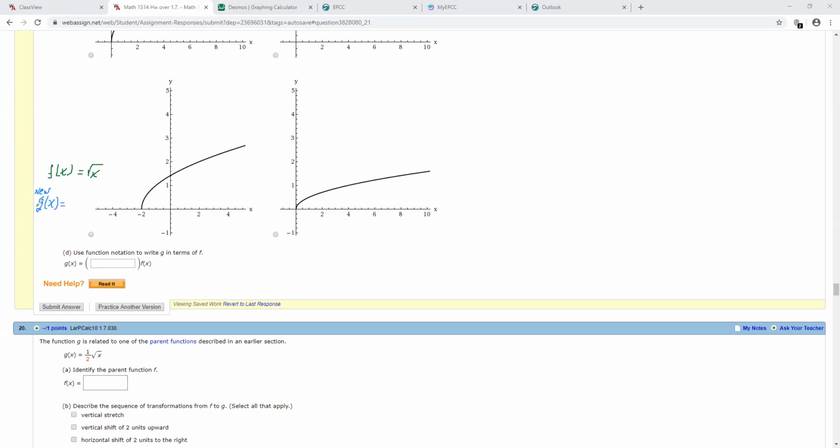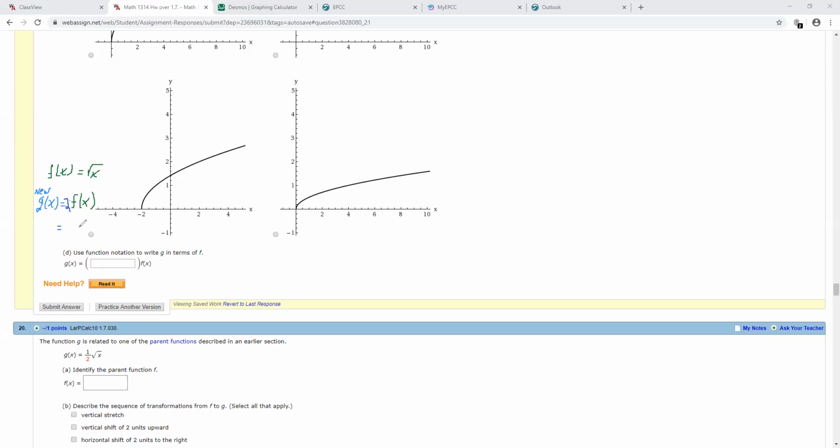So the new graph is 2 on the outside with the square root of x. Excellent. You take the parent function and you make a change with it, and it's a multiplication effect, outside, times 2.